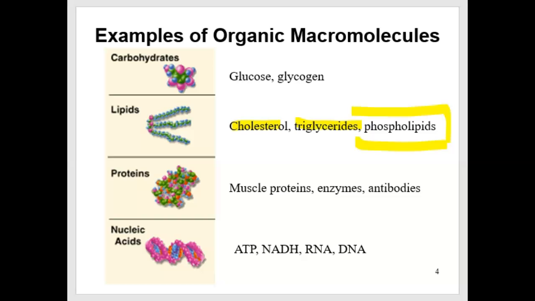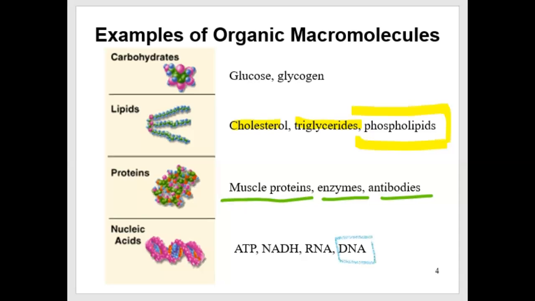Some common proteins that you've heard of, I'm sure, include enzymes, because we just talked about that in a different lecture. Antibodies are proteins. And then, of course, your muscles are made up of protein. Now, nucleic acid might sound new and vague and kind of strange, but you've heard of a nucleic acid, and that's DNA.